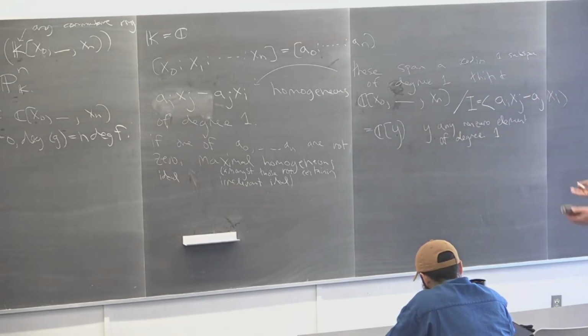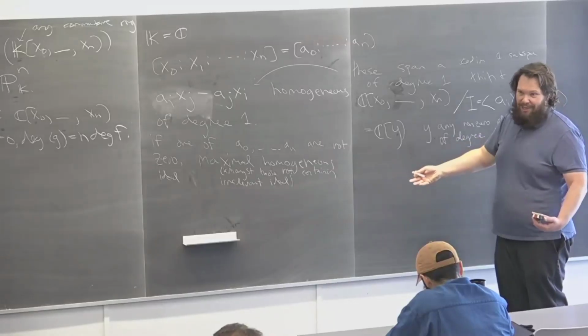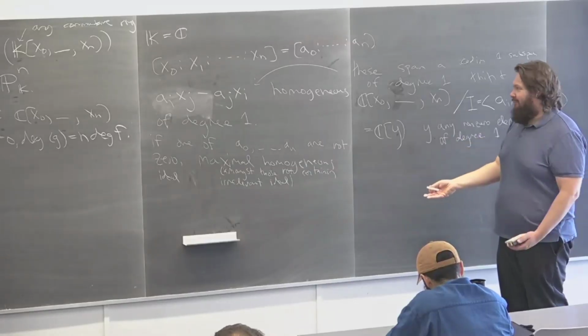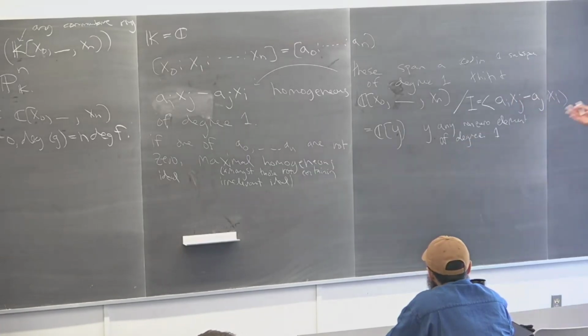Right, so if I'm on the open subset where x0 is not 0, then I could define y to be the image of x0. But then there's a closed subset where that doesn't work, and I have to take x1. Well, but there's still a closed subset where x0 and x1 are both 0, and then I would have to take x2, etc. Right?